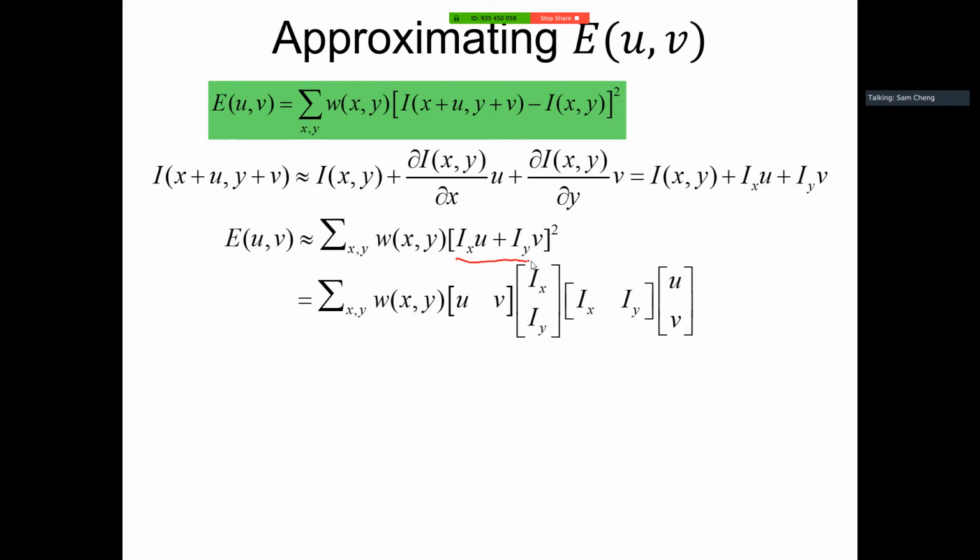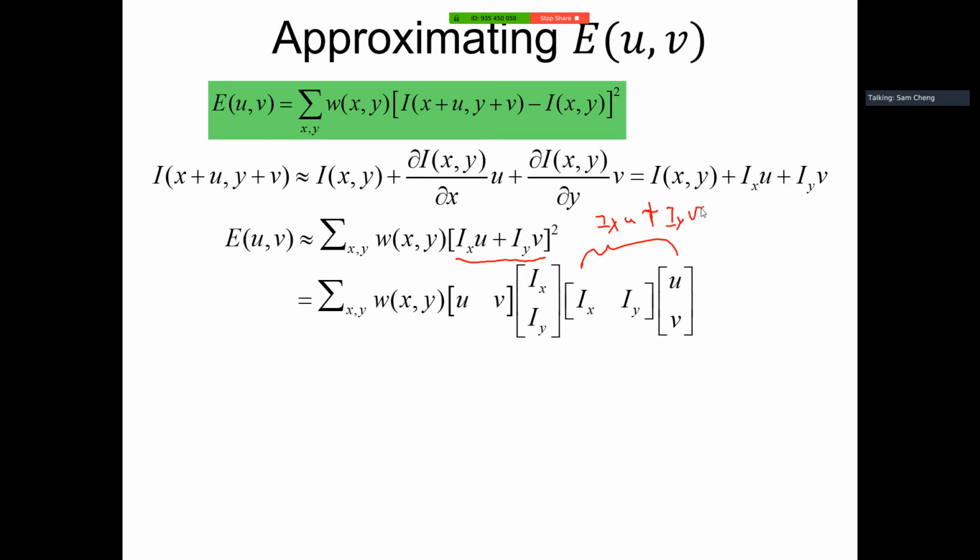As you can see, I can write it in a matrix form, right? This guy here is just Ix, so this one here is Ix u plus Iy v.